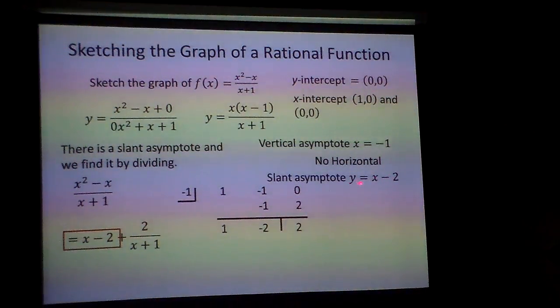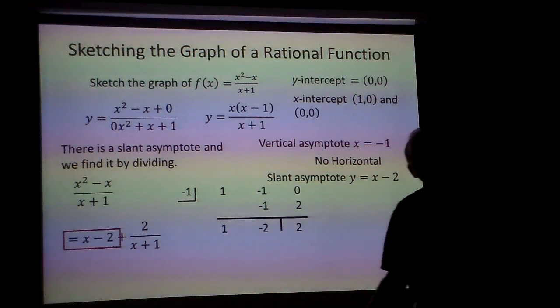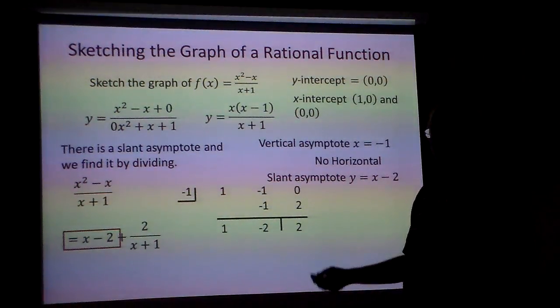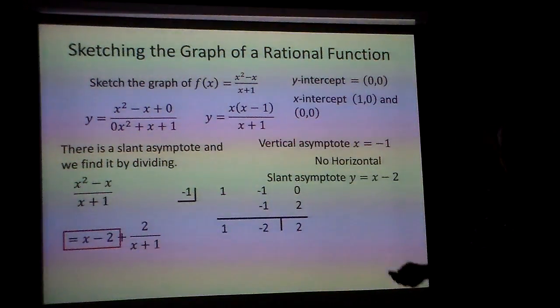I'm going to actually have to graph a line which will have a slant in it, hence the name slant asymptote. Slant asymptotes are lines. They're going to be line values. You actually could have some that are quadratics, cubics. You can have all sorts of different things in it, but we're only going to deal with slant ones, which are linear. All right? Thank you, Coach Stoney.